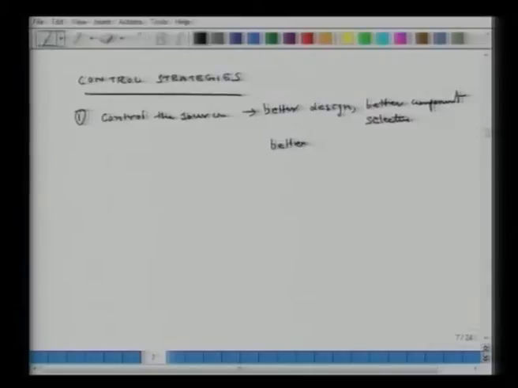This is extremely important. Maintenance and monitoring. So this is how you control the source.